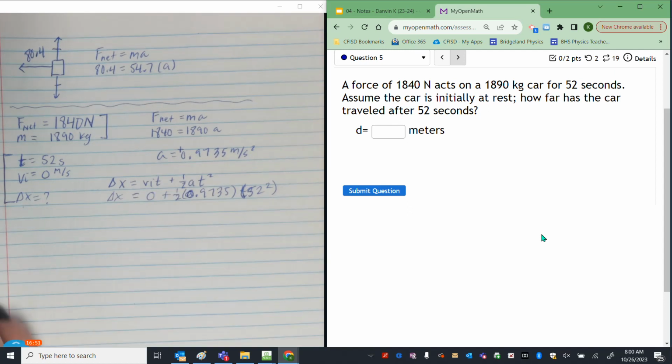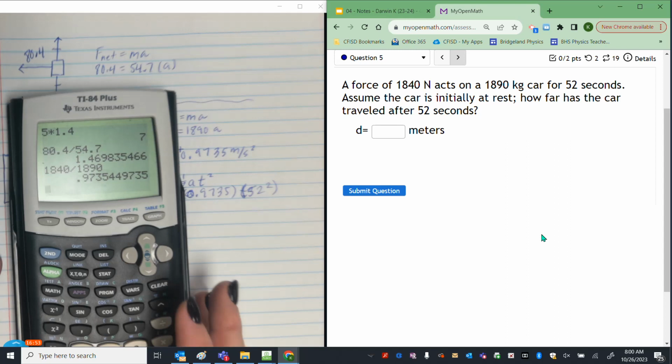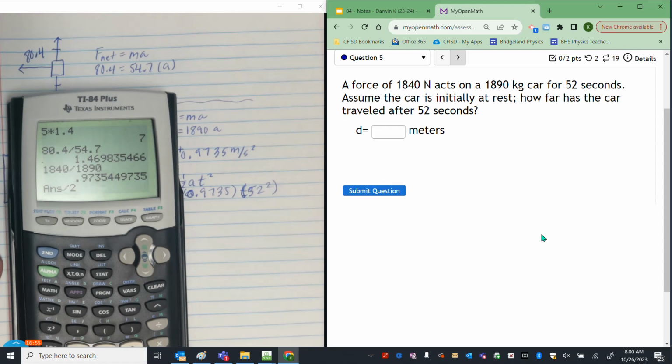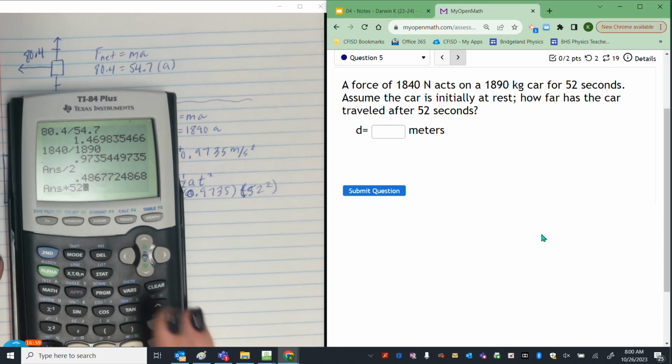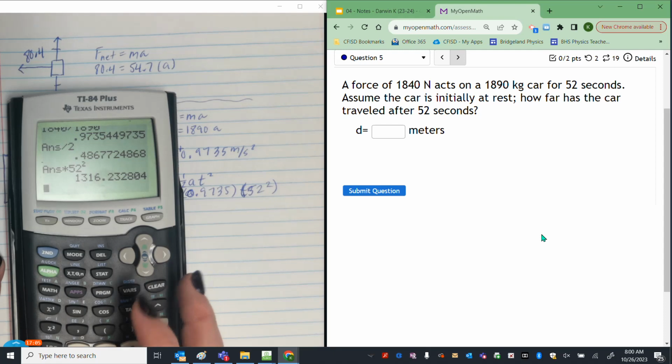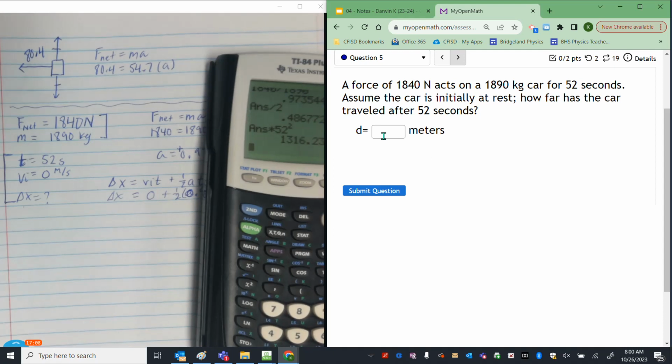So let's take this number and get half of it, so divided by 2, and then multiply it by 52 squared. And we get 1316.2328, and it keeps going. But all we need to do is type that over here, 1316.23.